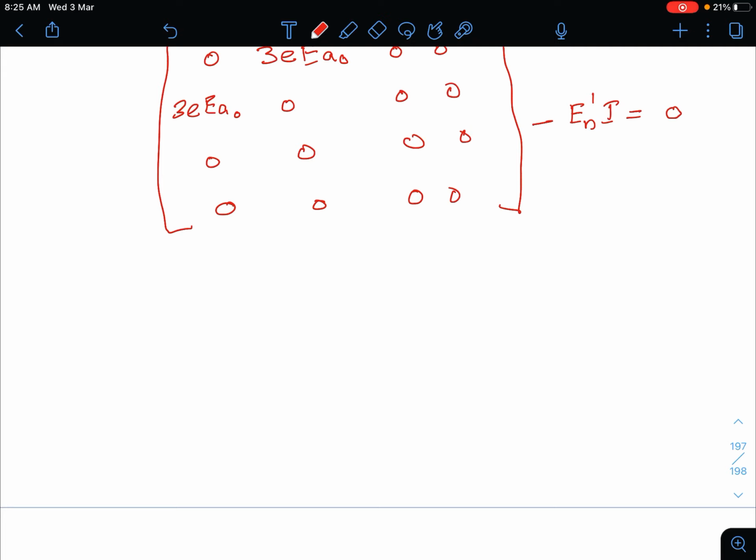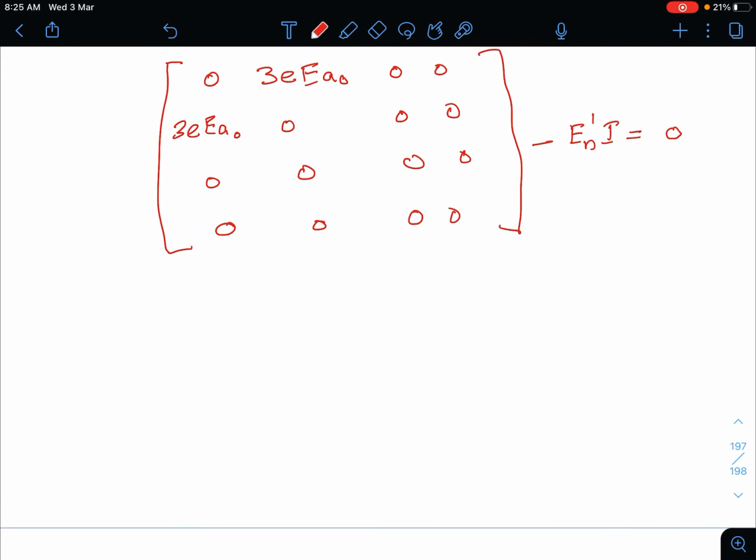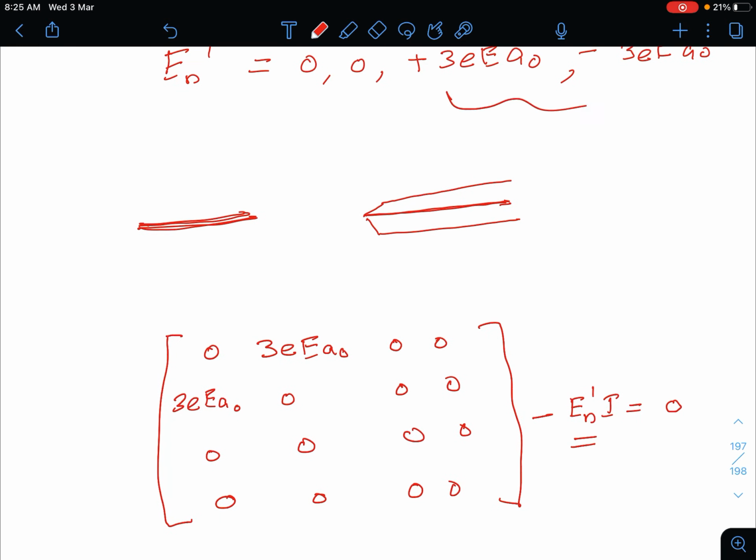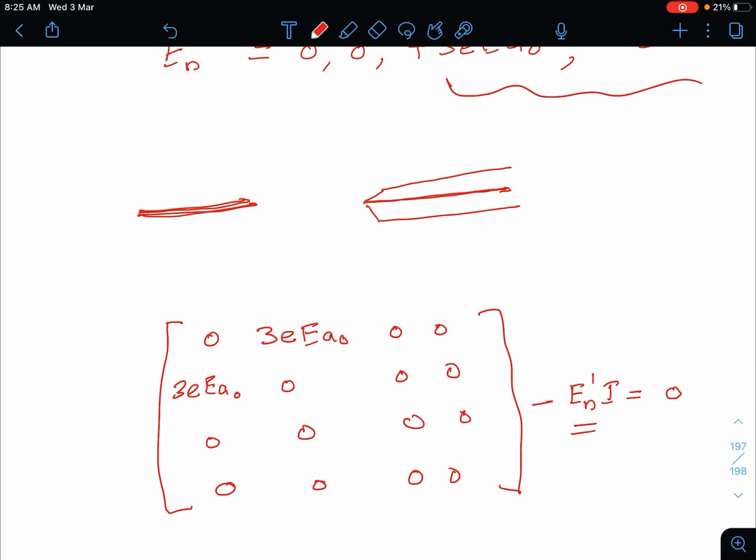Now let's consider the first value of E, n1 in the ith value. That is the value I will be taking. I'm just bothered about these three degenerate ones.